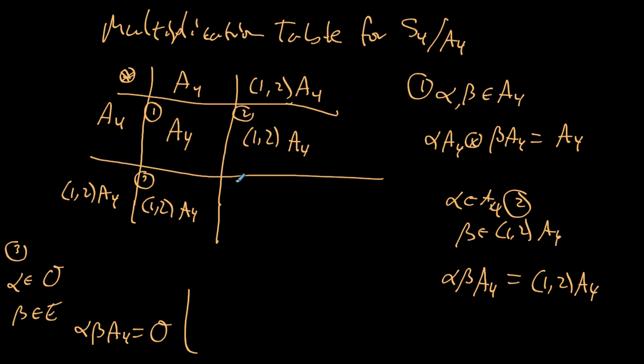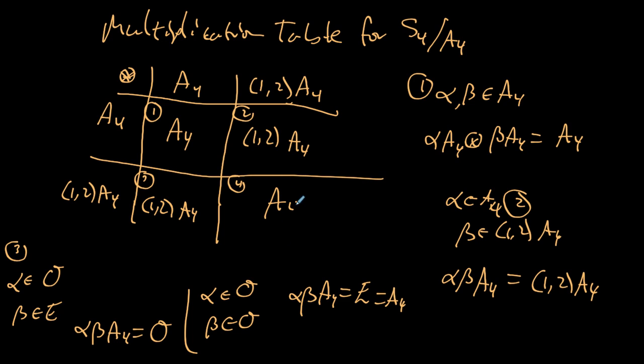And this final box was when alpha was an odd permutation and beta was an odd permutation. And we found out that when we looked at alpha beta times A4, that turned out to be the set of evens, or A4 again. And so we have a multiplication table that looks like this.